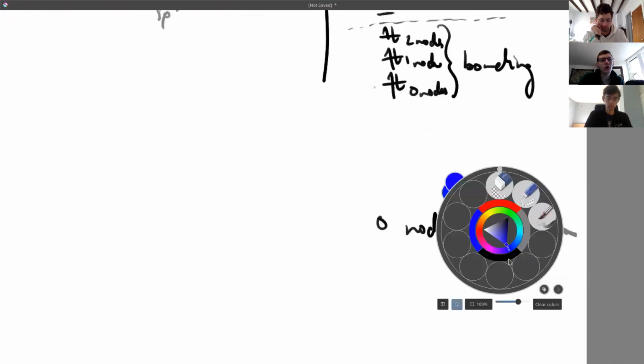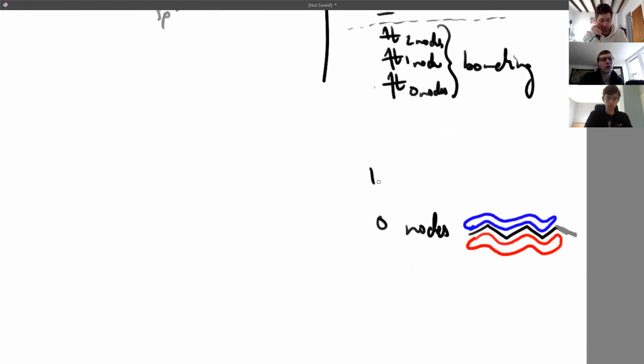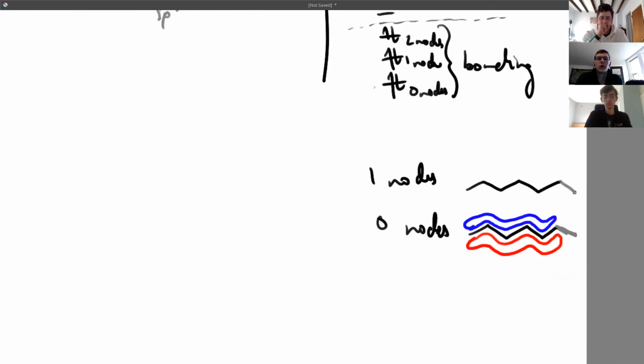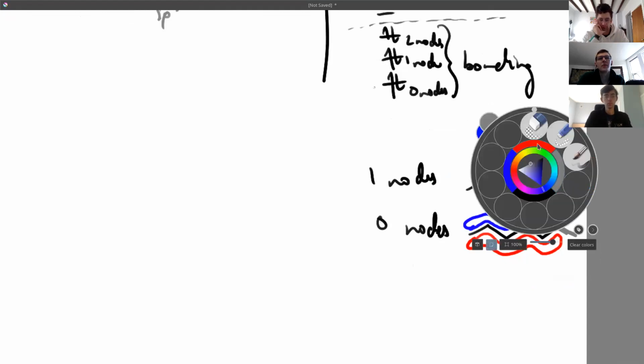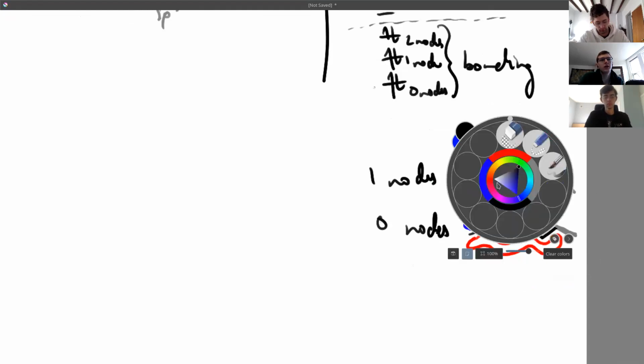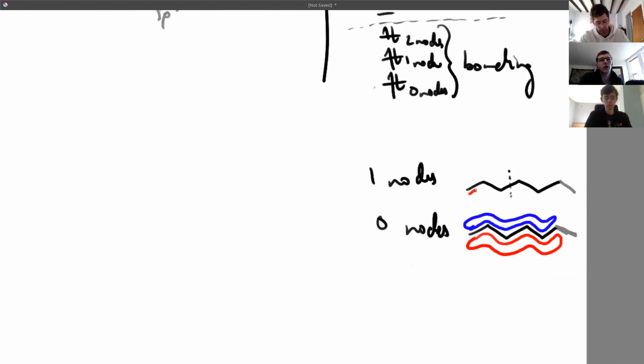Okay, and when there's 1 node, you redraw the molecule, right? And then there's this extra carbon hanging off, but we're not really worried about it. But we'll draw it in for consistency. But there's a node down the middle. So we split this molecule symmetrically, and from there, we repeat.